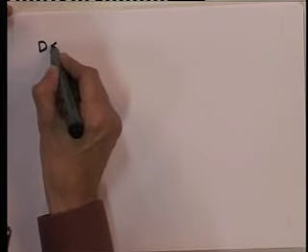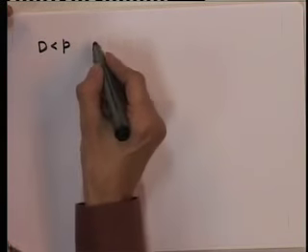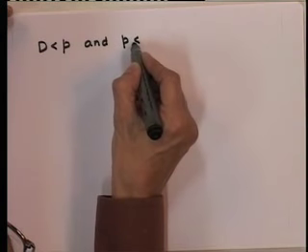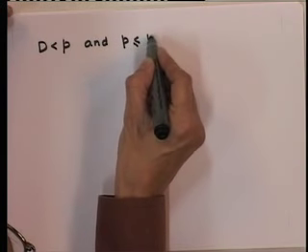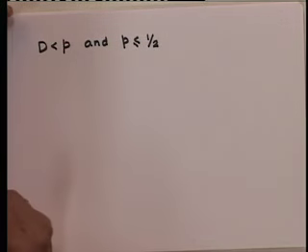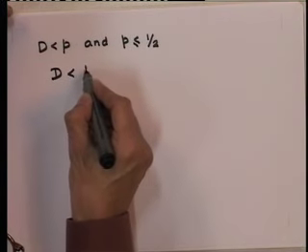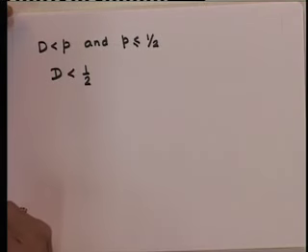Now, our assumptions were that d is less than p and p is less than or equal to half, which means that d is less than half.